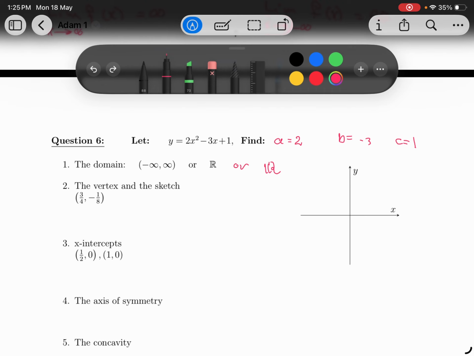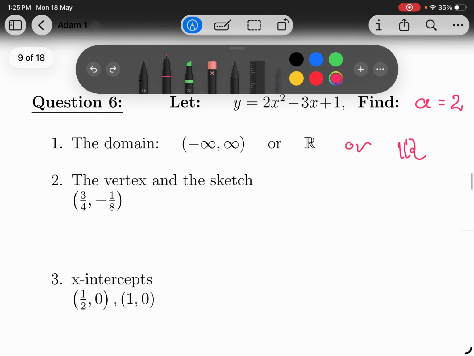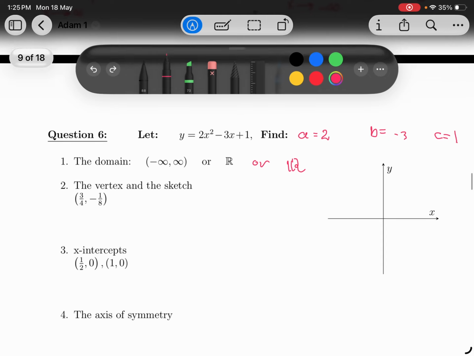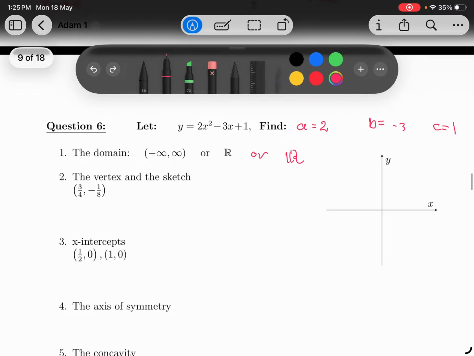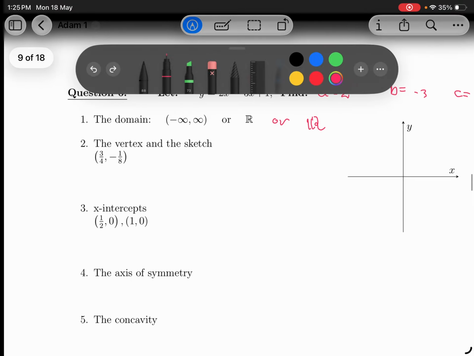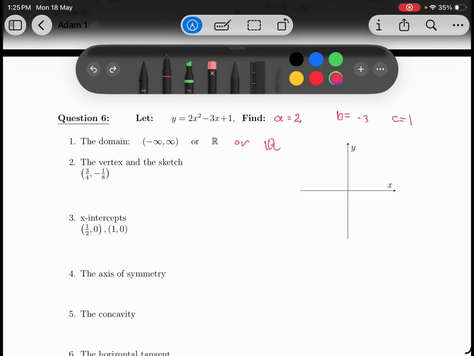And here, guys, we have how to find the vertex. The vertex here is (3/4, -1/8). How to find that? The x-coordinate of the vertex is simply minus b over 2a, and the y-coordinate is f of minus b over 2a.